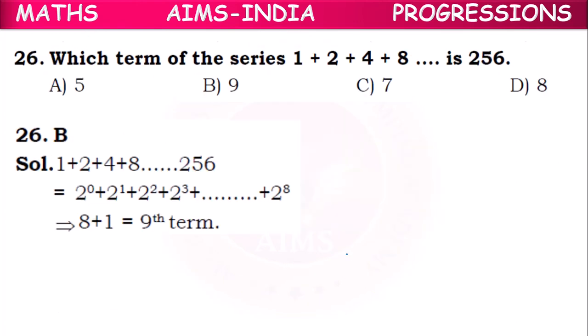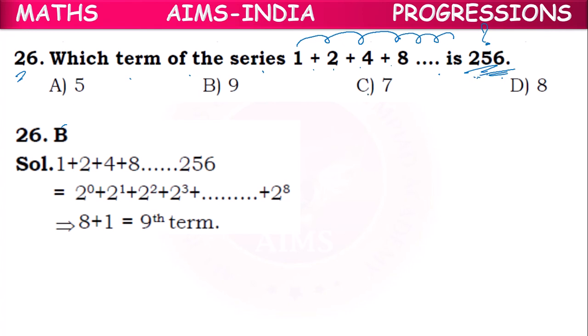Next children, 26th. Which term of the series 1 plus 2 plus 4 plus 8 and so on is 256? So we have a series here. First term is 1, second term is 2, third term is 4, fourth term is 8 and so on. If we continue, which term will become 256?